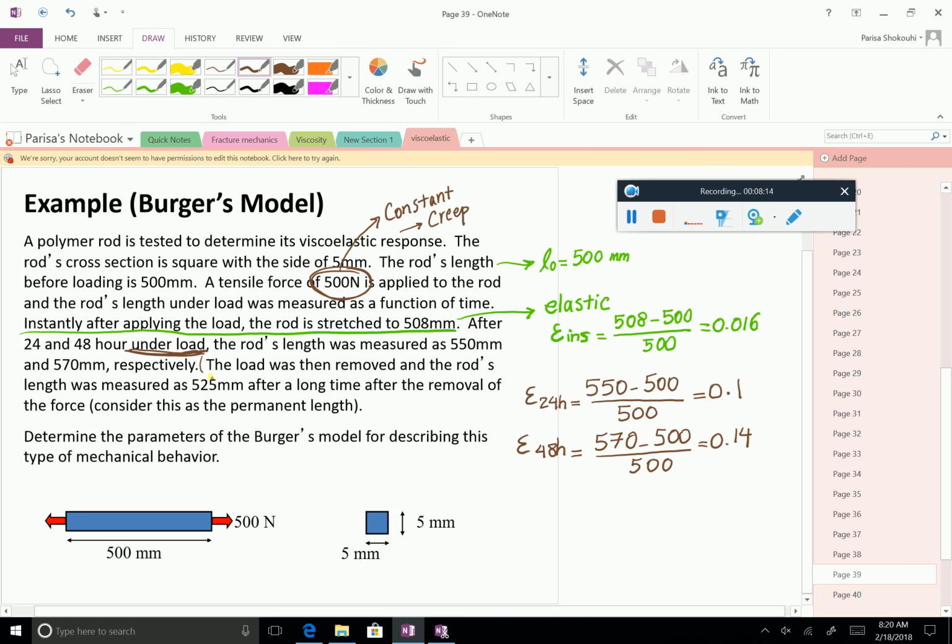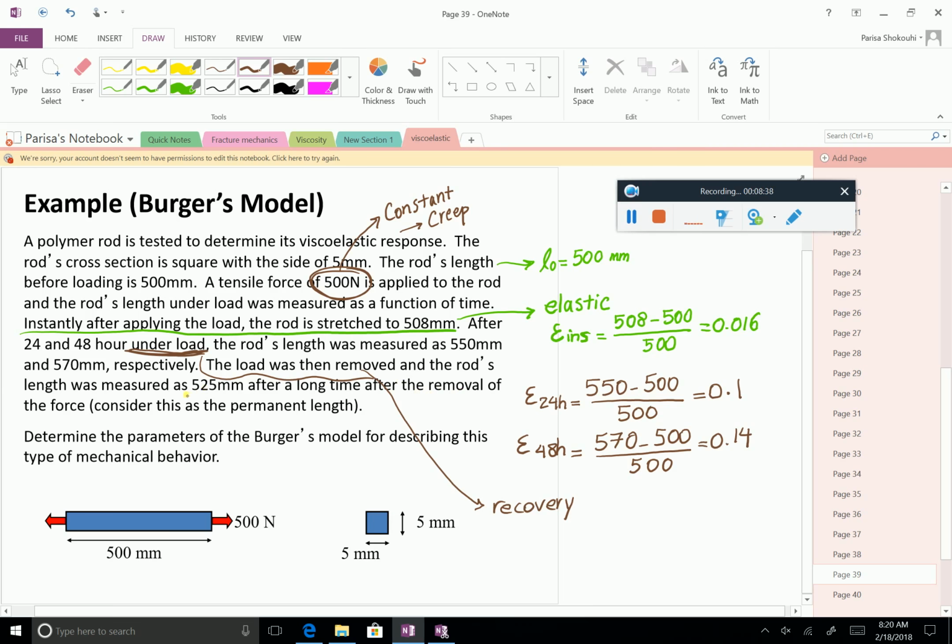And then the load is removed. So then we are looking at to see how the recovery process is going to develop. Now we had a load, 500 Newton, we kept it constant, so we are looking at a creep deformation, and then now we remove the load.